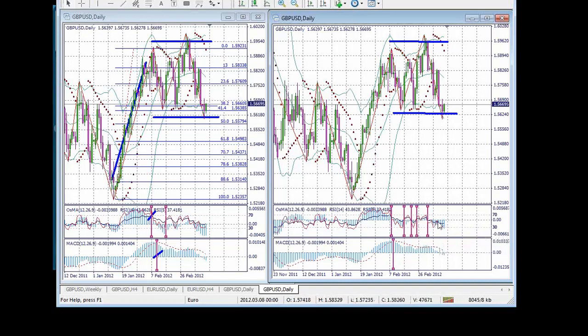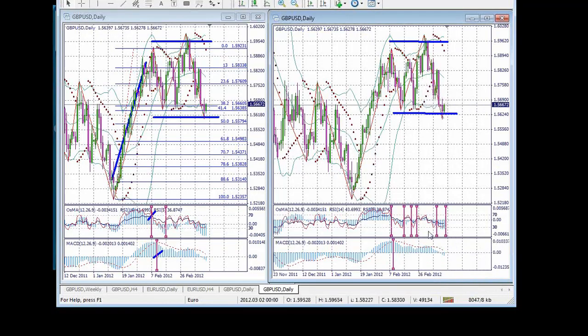And now there was a signal here for one buy, and I think that the last one will be also confirmed with the MACD.